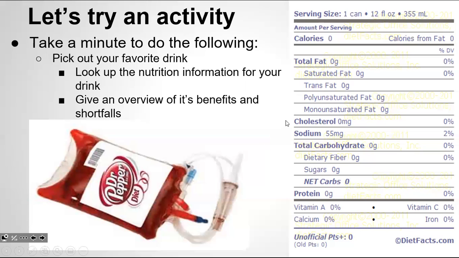So your overall benefits here, all these are going to be obviously good sources of fluids. The kind of downside here is the sugar content, especially the added sugar content.